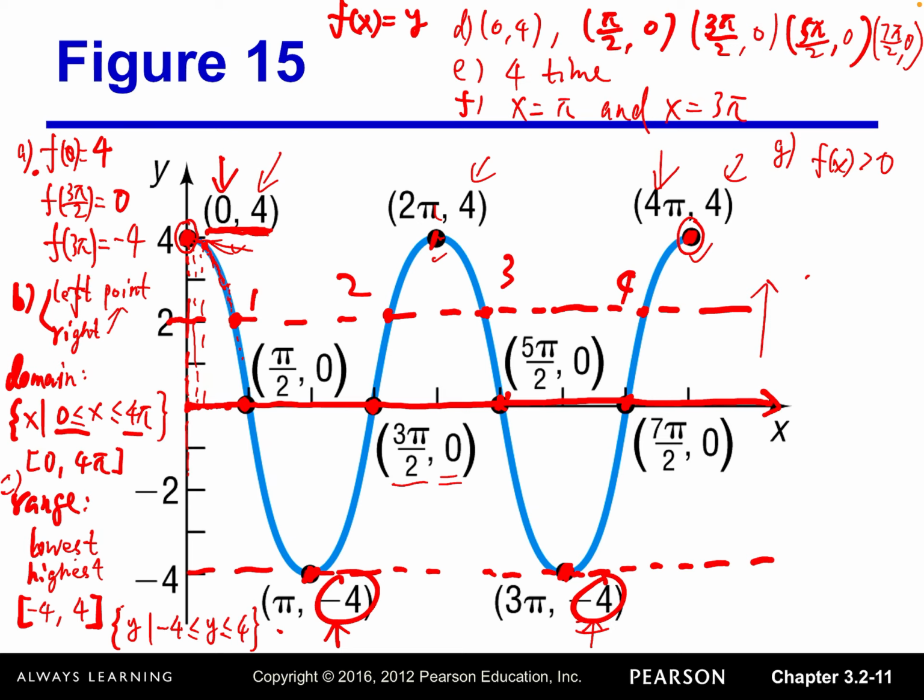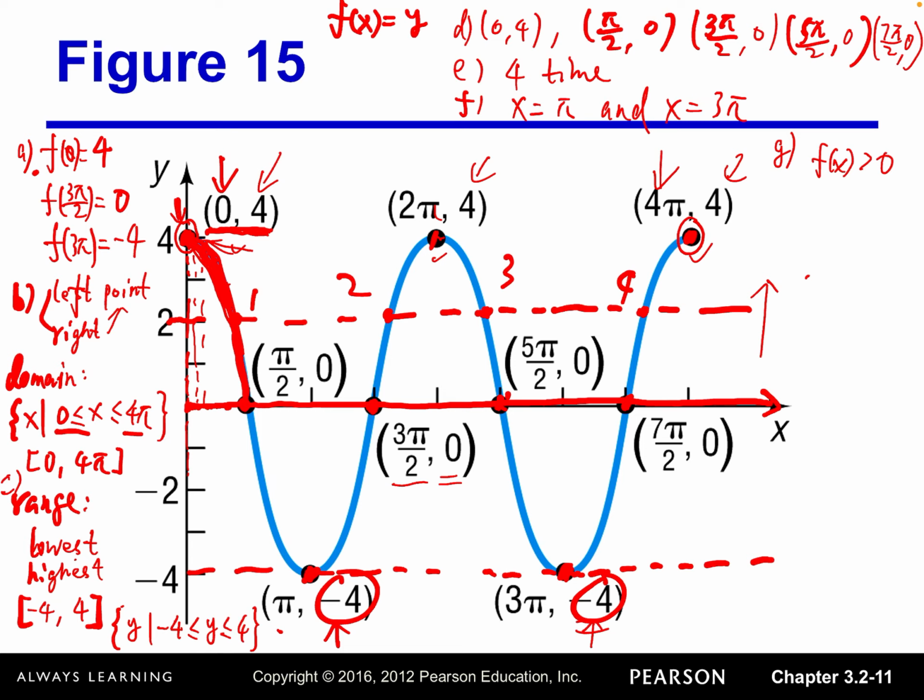So that will be from this point, I'm drawing over here, from here to here. I can change the color for this part, from here to here. This is y greater than 0. So how do we write this part in interval notation?